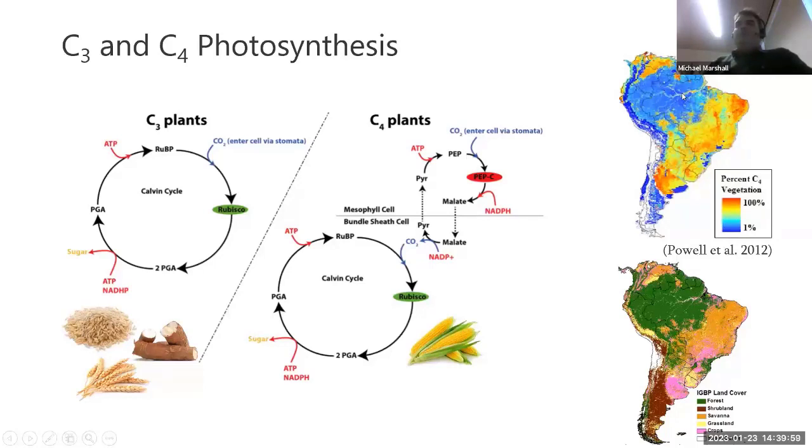So you can see the percentage of C4 plants in the blue here is quite low where there are forests. So trees are C3, I think almost exclusively. I'm unaware of any C4 trees because C4 photosynthesis evolved much later with grasses.